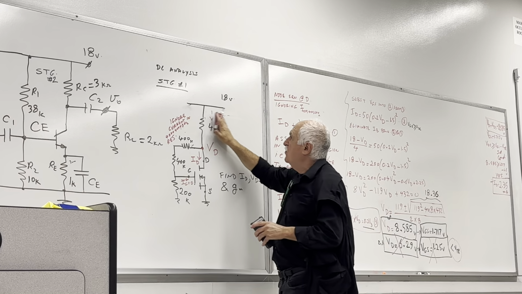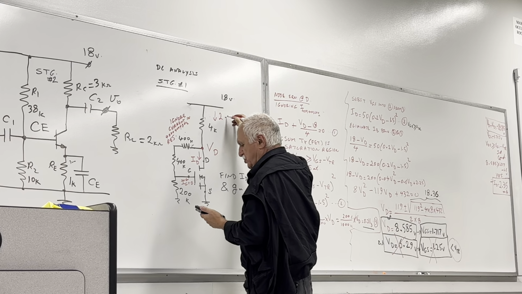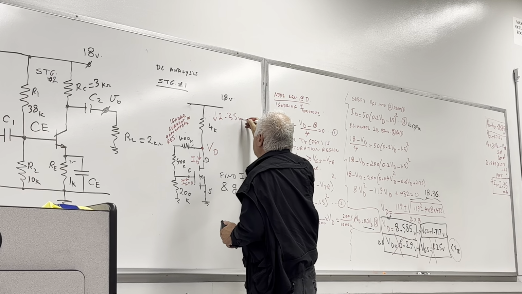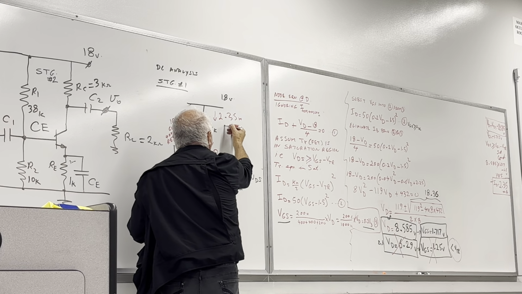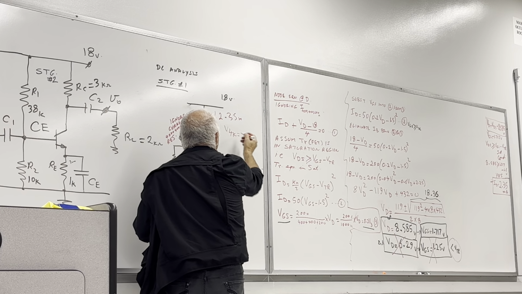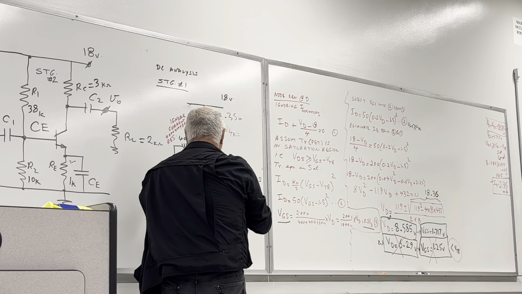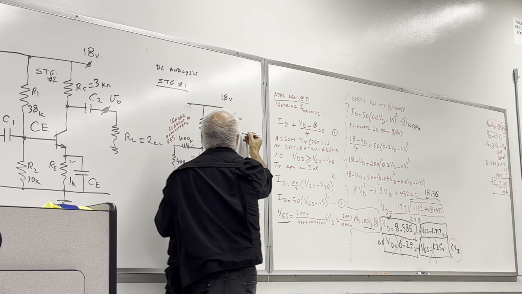That's too low for the current. So the current there is 2.35 milliamp. Okay, what's the voltage on the 4K? That multiplied by that, V of the 4K is equal to 4 times that. 2.35 times 4, 9.4 volt.